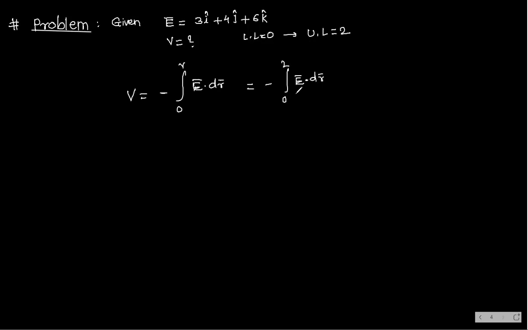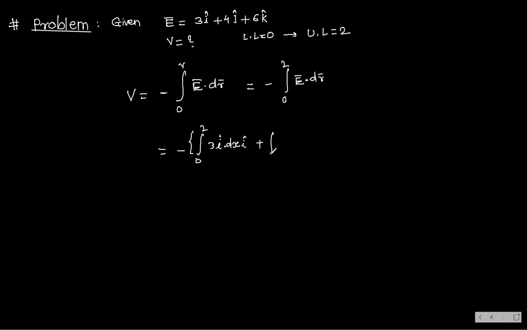Now see what I am doing here. Minus integration 3 I cap dx I cap, dot, plus, this is 0 to 2.